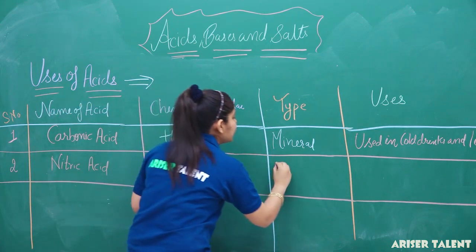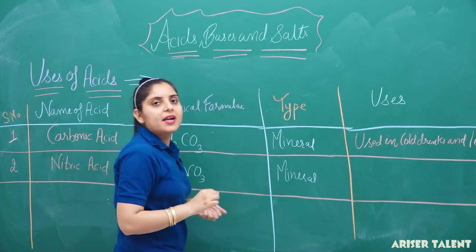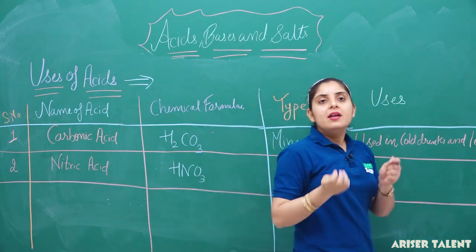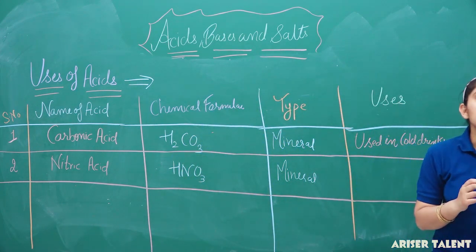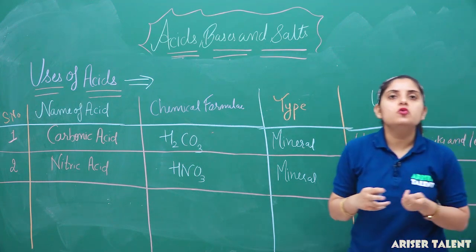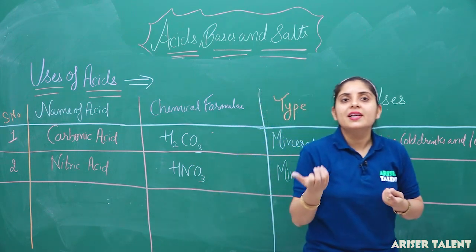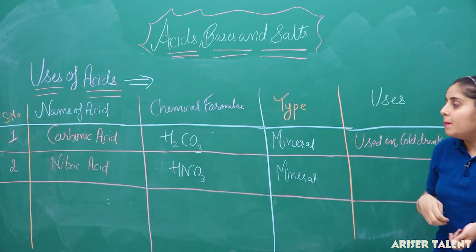It is again classified in the category of mineral acids. And what are the uses of nitric acid? Nitric acid is basically used to make the fertilizers. It is used in fertilizers, it is used in paints, dyes, in textile industry, and it is also used in the extraction of some sort of metals.